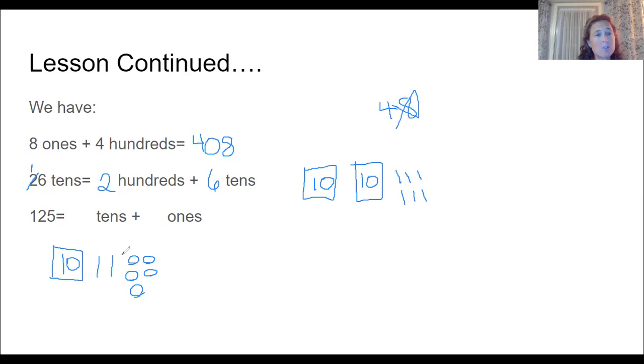So how many tens do we really have here? We have the tens in our 100 plus 2 more tens. So that's 12 tens, and then our ones have not changed, 5 ones. Okay, so you really have to remember, how many tens do we need to make 100? How many ones do I need to make a 10?